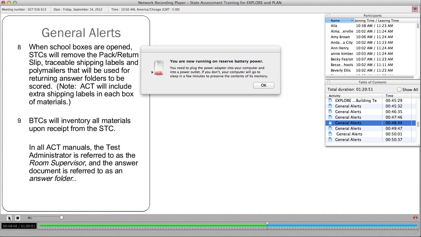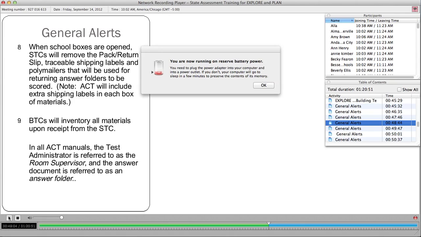Okay. When school boxes arrive, we ask that the System Test Coordinator go ahead, open the box, and pull the pack and return slip, the traceable shipping labels, and the poly mailers that will be used for returning answer folders to be scored. This was a little confusing last year.